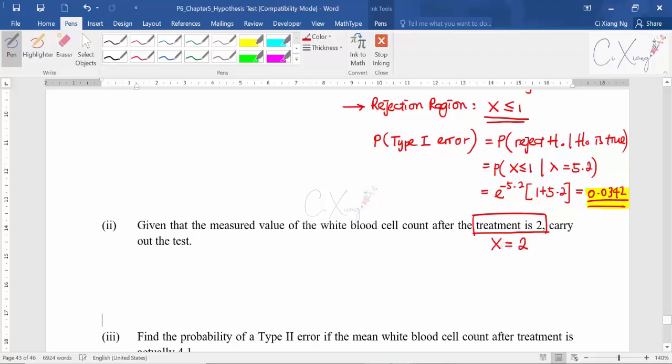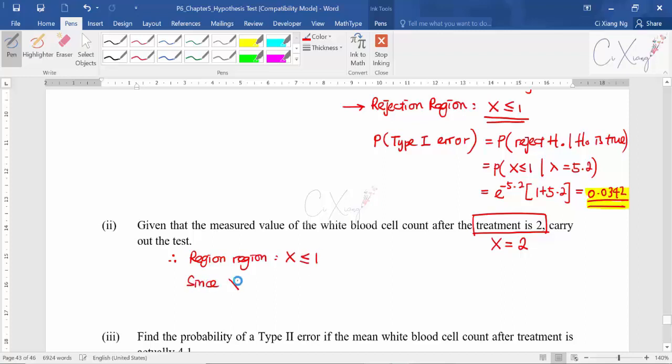Now you look at the 2 here. Does this value 2 fall under the acceptance region or the rejection region? You can make a very short test like this. The rejection region is x smaller equals to 1.